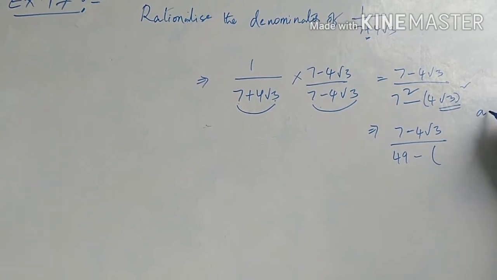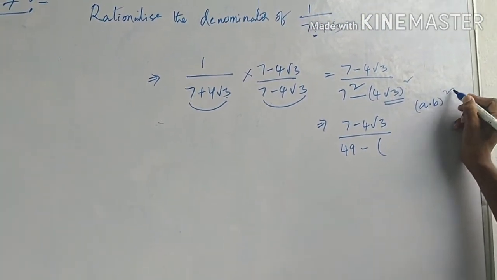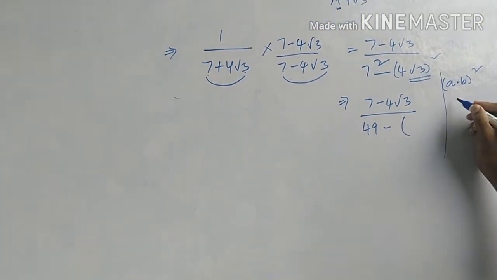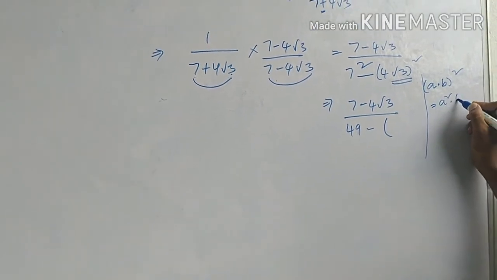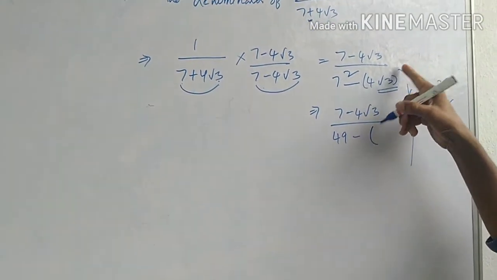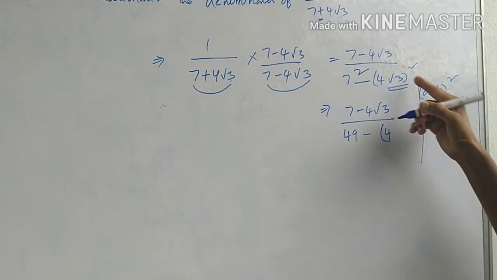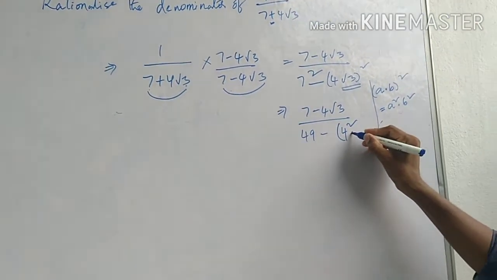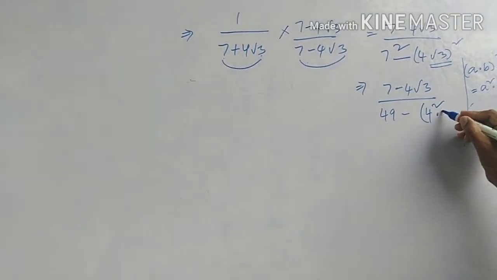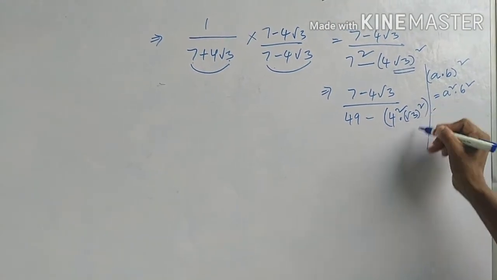a into b whole square is equal to a square into b square. Here a is 4, so 4 square, into b square, root 3 whole square.